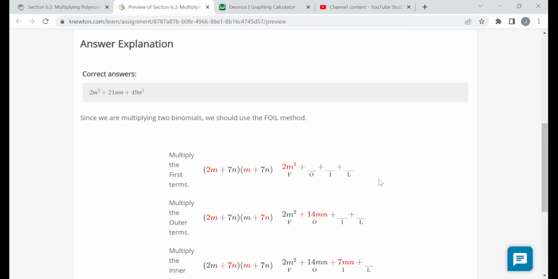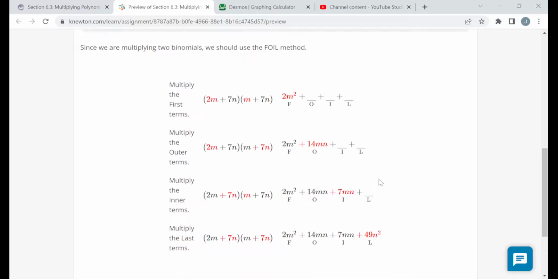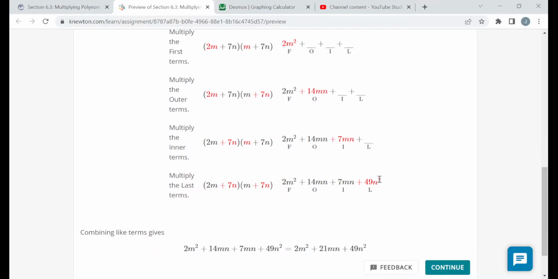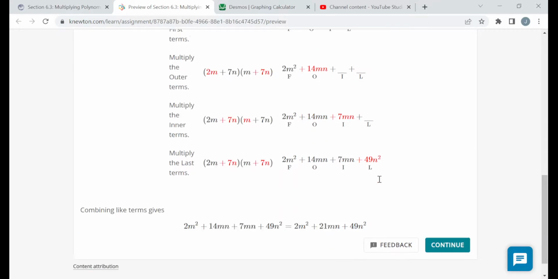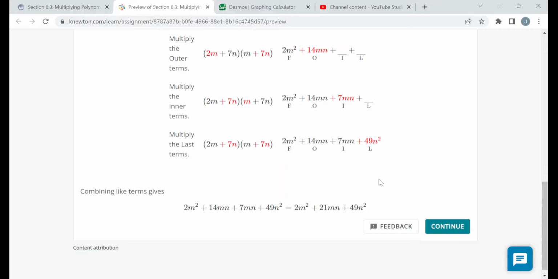I'm just going to be performing the distributive property. I'm just going to keep using the distributive property until I get a sum of products of monomials and then simplify after that. But yeah, so hopefully you can again read through the answer explanations and understand why something is correct or incorrect, and hopefully you can learn from your mistakes for future questions.